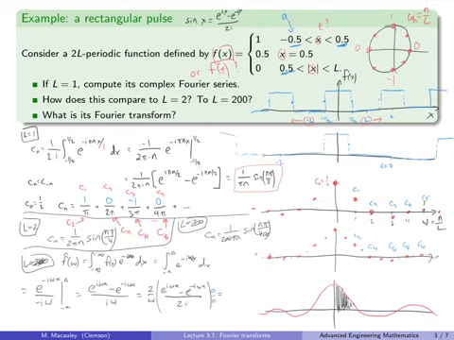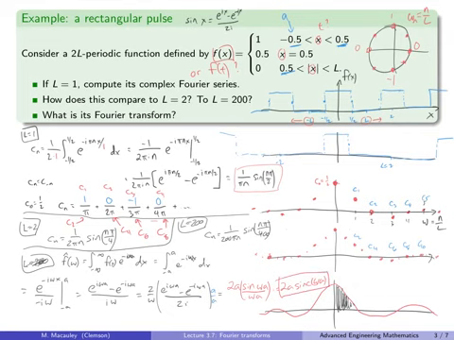And now if I do that, I get 2a sine of omega a over omega a. And this function actually has a special name. It's called the sine cardinal function, or just sinc, S-I-N-C. So I'm going to write this as 2a sinc of omega a. So this is the Fourier transform.